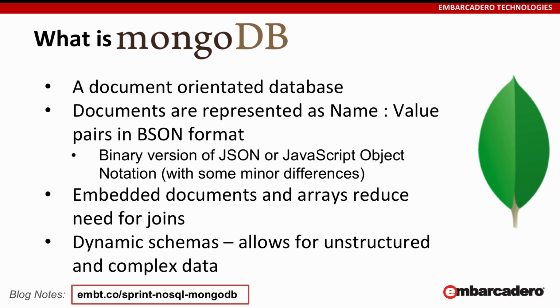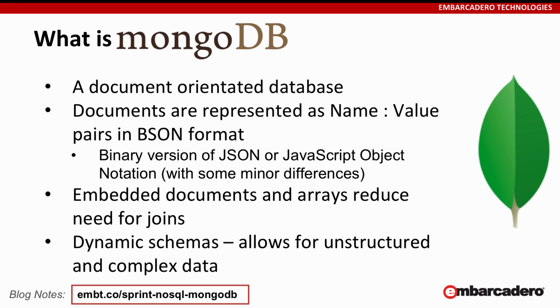So what is MongoDB? MongoDB is a document-oriented database. In MongoDB, documents are stored as name-value pairs in BSON. Now, BSON is basically a binary version of JSON. We'll look at that briefly in a little bit, but it can contain regular name values as well as embedded documents or arrays, which really reduces the need for joins. In a traditional RDBMS, you'd have one-to-many, many-to-many and one-to-one relationships between different tables.